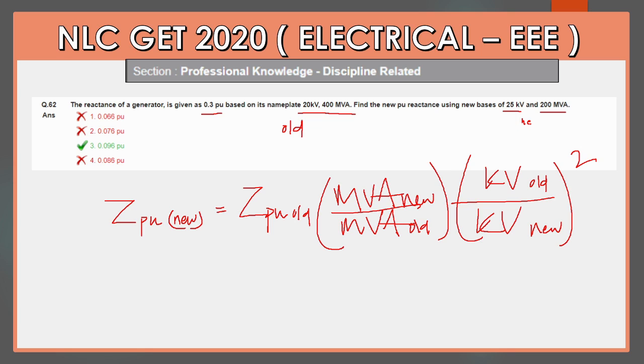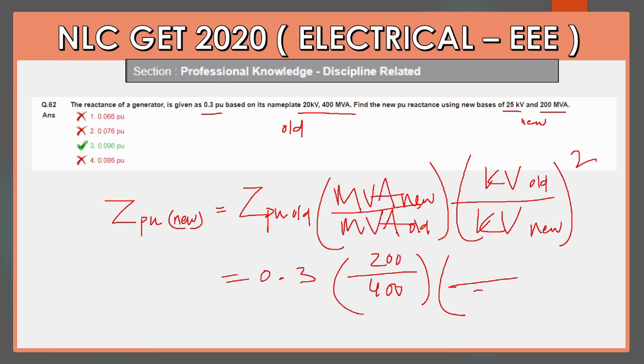So if you put the values here, it will be 0.3. What is new value of MVA? 200. What is old value? 400. What is new value of kV? New kV is 25. What is old? 20 square. Finally we will get this answer.